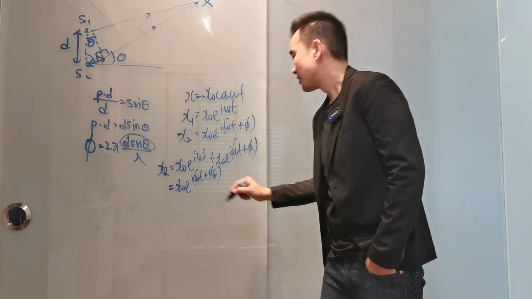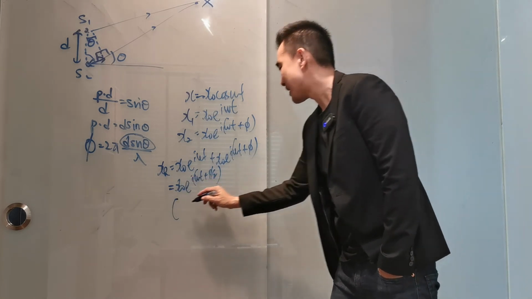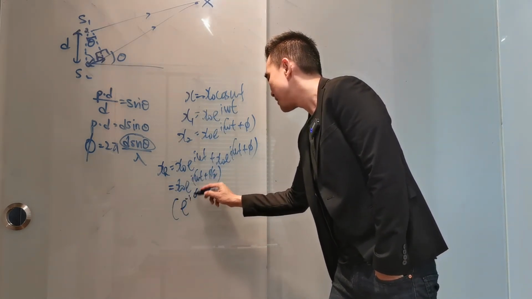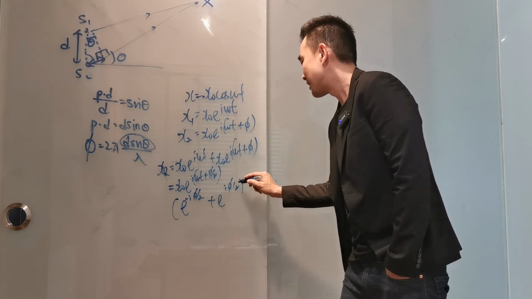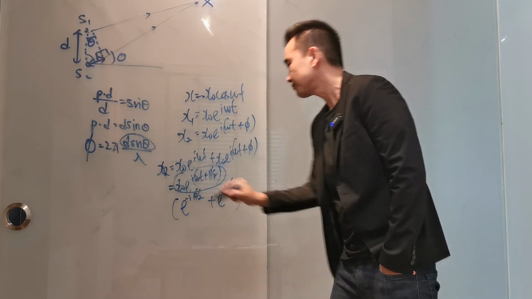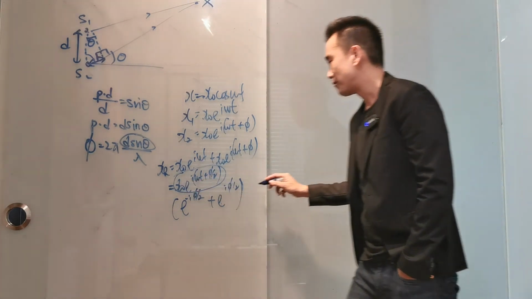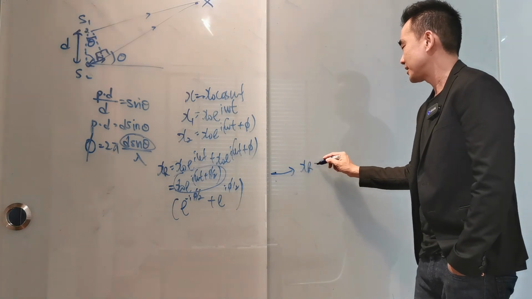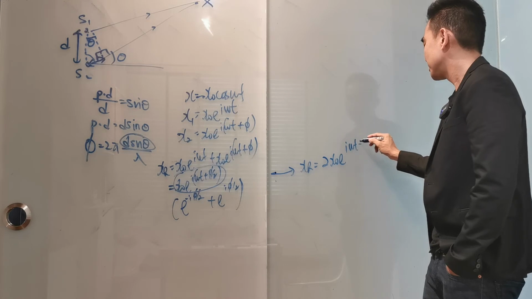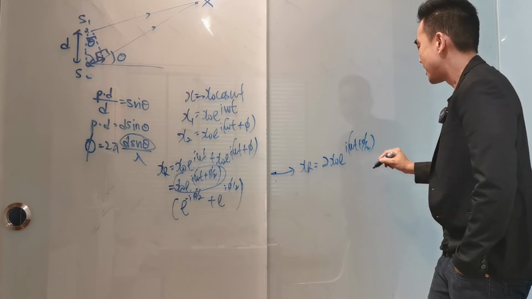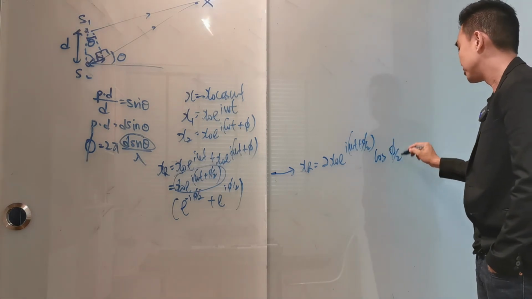Now what you can do over here is to factorize this thing out. I'll show you why you take phi upon 2, but if you were to factorize this out, you end up with e to the power minus i phi upon 2 plus e to the power i phi upon 2 times this factor over here. And therefore, if you know your complex numbers, this will become xr equals 2x naught e to the power i omega t plus phi upon 2, multiplied by cosine phi upon 2.